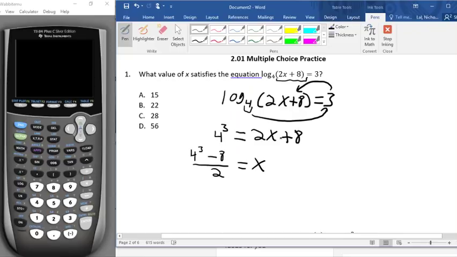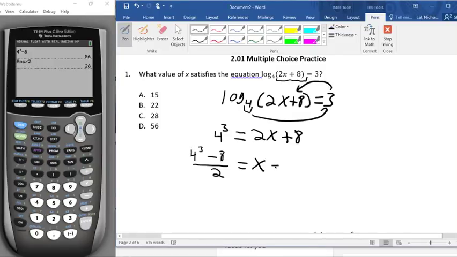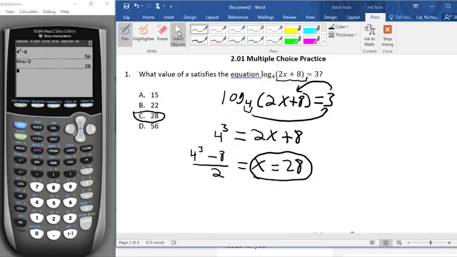If I subtract 8 and divide by 2, that will get me x. So with my calculator, I can do 4 to the third, which is 64, subtract 8, divide by 2, and x is equal to 28. So question 1 is answer choice C, 28.